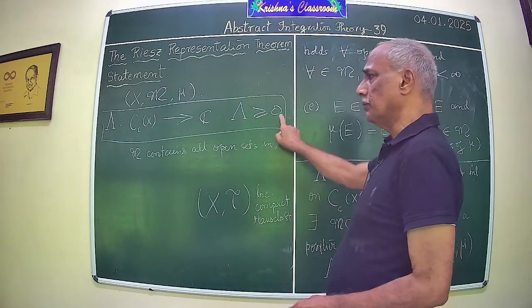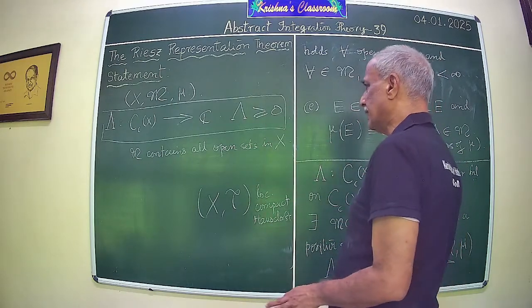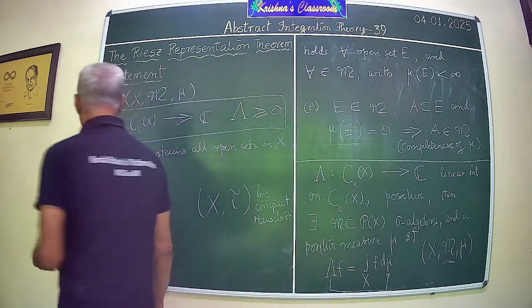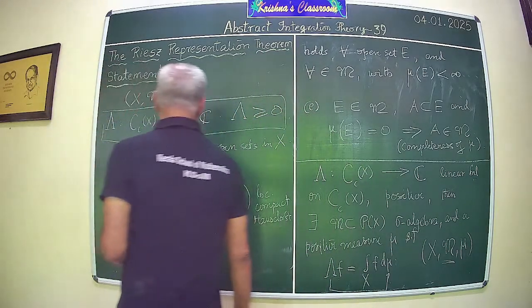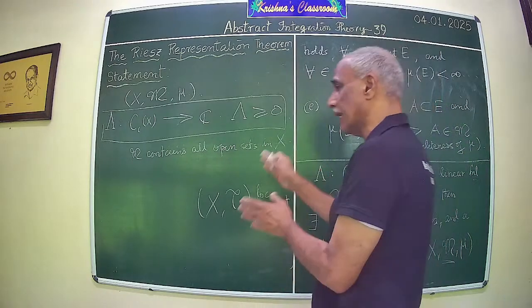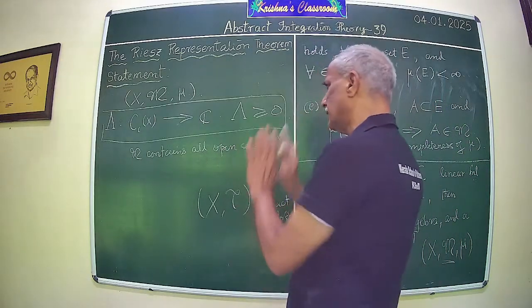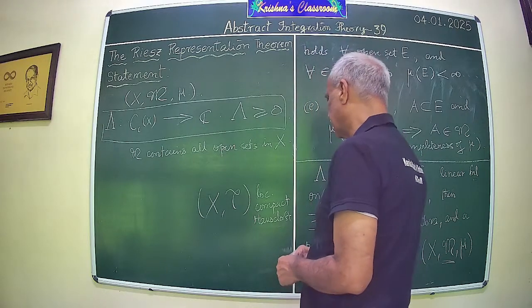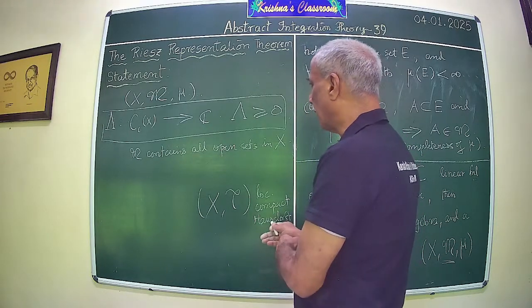Lambda is positive in the sense that if f is a non-negative function, then lambda f is greater than or equal to 0. So that is, it becomes real and greater than or equal to zero. Otherwise it's a complex valued function. It is linear. What more do you have?